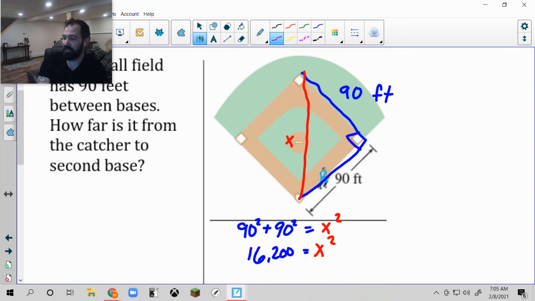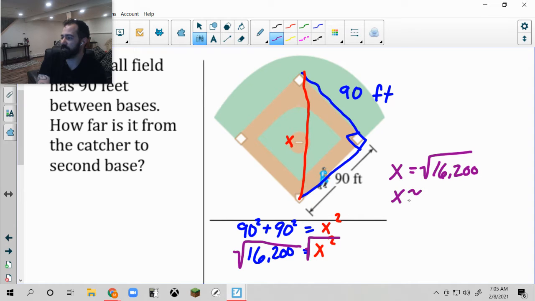Then we take the square root of both sides. 16,200 is not a perfect square, so x is going to equal either the square root of 16,200, or if I want an approximate answer, it's approximately 127.3 feet from home base all the way to second base. It's a long throw. And it's further than anybody has to throw to any base from first, second, or third.